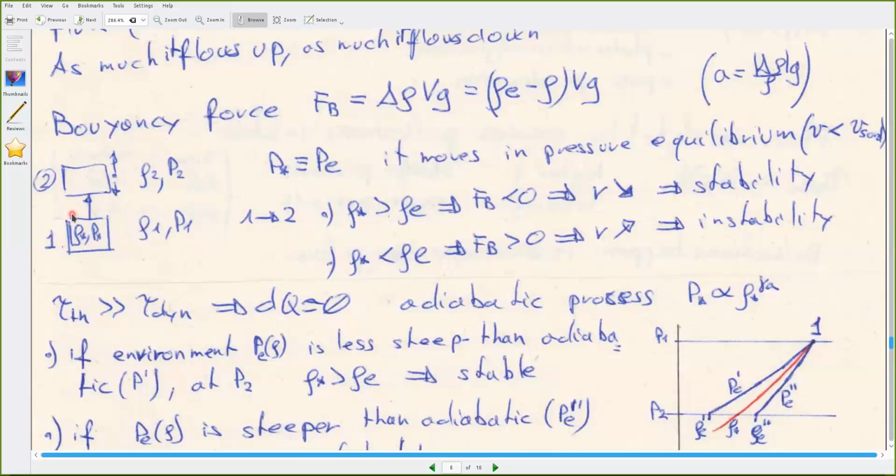So rather than small oscillation, we want a perfect movement.